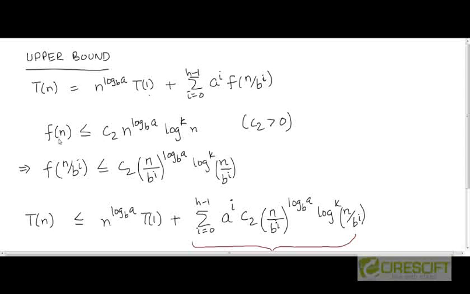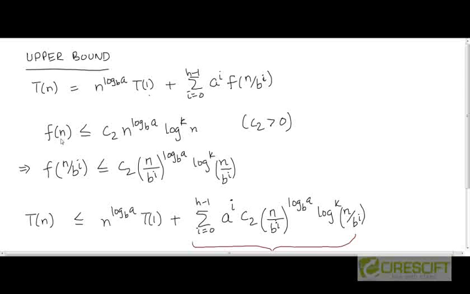Now our strategy is going to be to replace this term f of n divided by b to the power i by something larger than it, and we are going to use this inequality to derive some function that is larger than f of n divided by b to the power i.